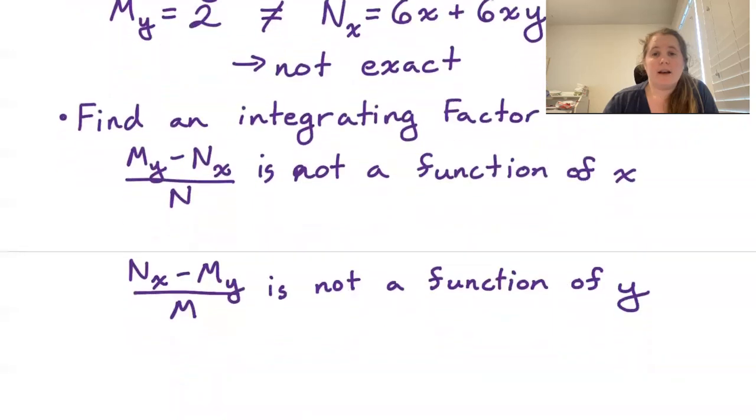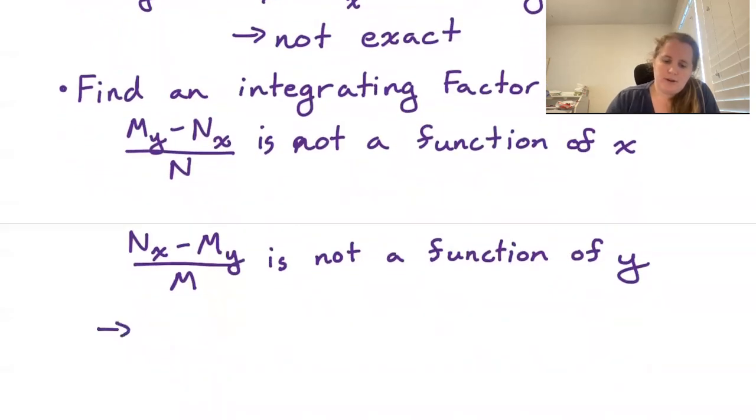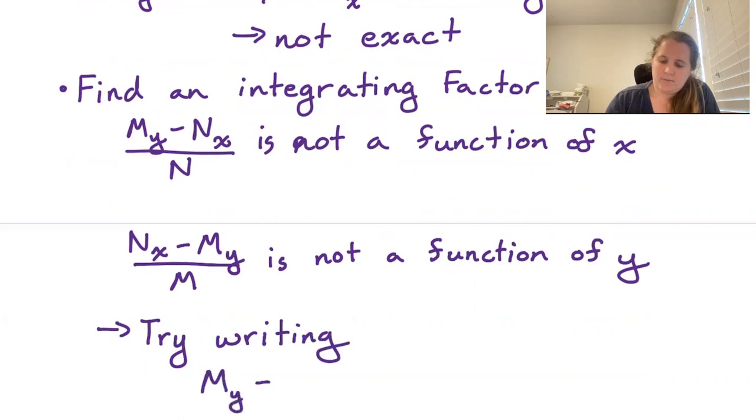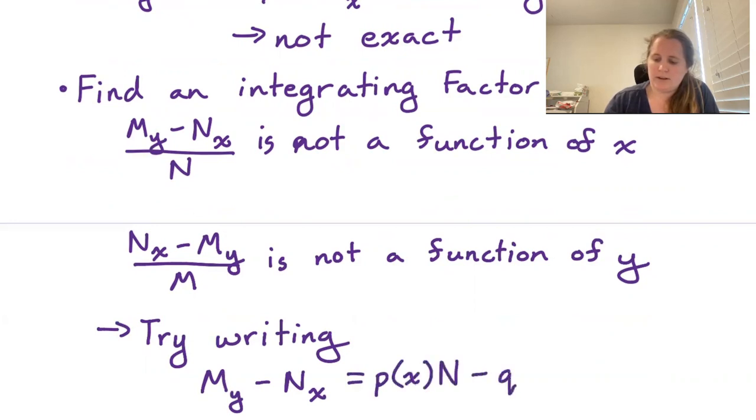So our last option is to try writing My minus Nx as some lowercase p of x times capital N minus some lowercase q of y times M.